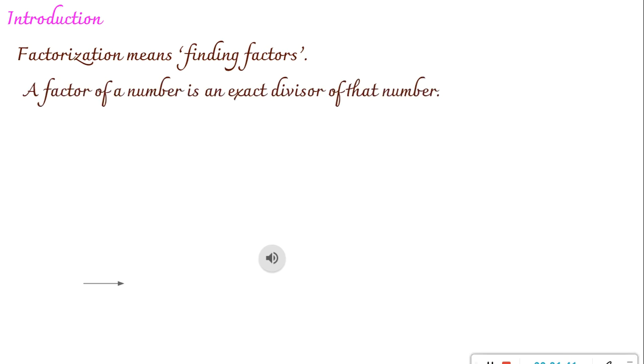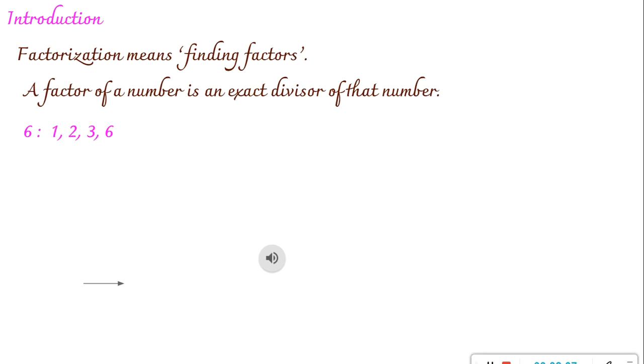For example, if you take the number 6, which are the numbers that exactly divide 6? That means those numbers which can divide 6 completely, such that the remainder would be 0. For example, 1. If you divide 6 by 1, what do you get? You get 6, right? There is no remainder.